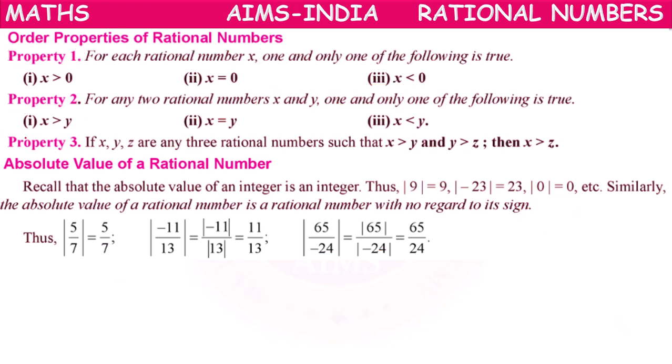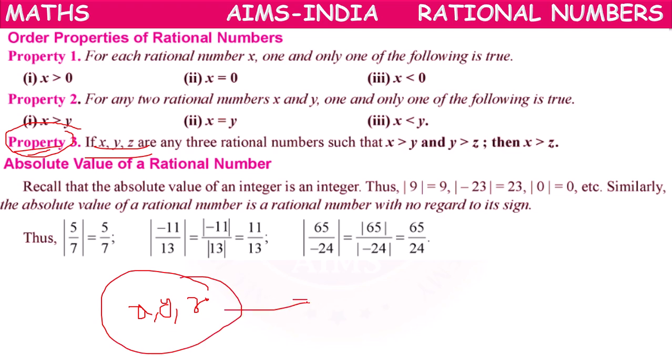If there are three rational numbers, according to property 3, take three rational numbers x, y, z such that x is greater than y and y is greater than z. Then compulsorily x will be greater than z. Indirectly we are comparing x and y, and y and z.